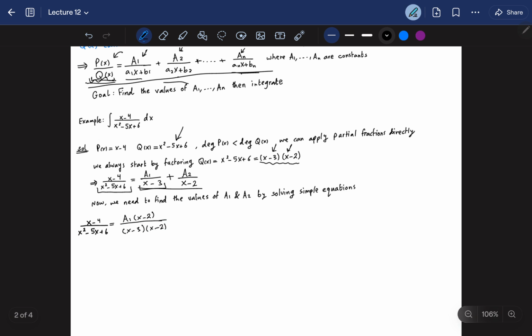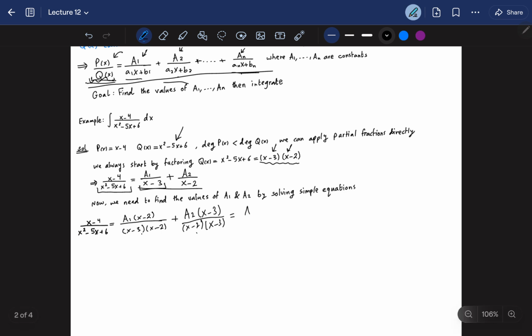So in this example, I'll do the long method with all of the steps, but in the next examples, I'll just do it directly, and this is how you should do it, unless you want to do all of the details, that's up to you. So now, a2 is missing x minus 3, and we're going to get this. So now, all of these fractions have the same denominator.